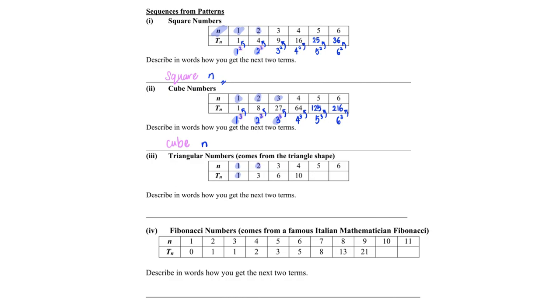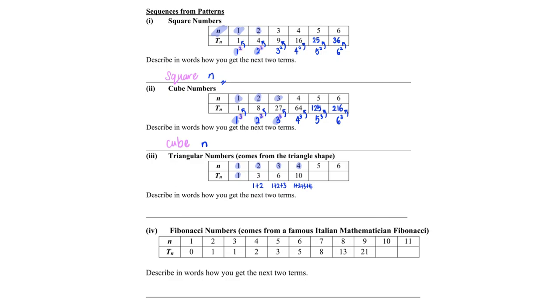If n is 2, what do I have? 1 plus 2 equals 3. If n is 3, 1 plus 2 plus 3. If n is 4, I stop at 1 plus 2 plus 3 plus 4, 10.